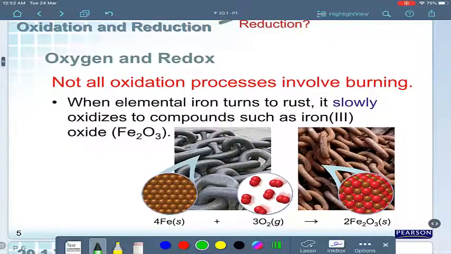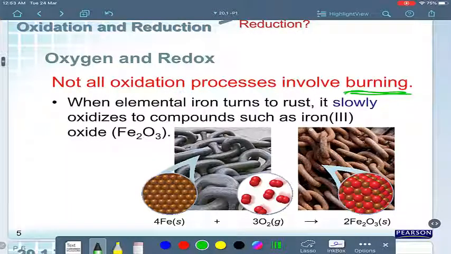Not all of the oxidation processes involve burning. I gave you examples of burning by using oxygen, and this process is called oxidation, but not all reactions with oxygen mean burning.